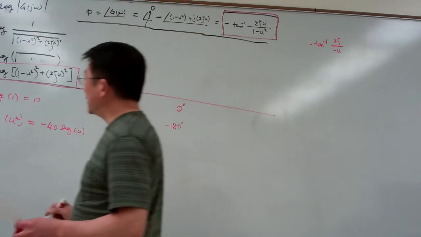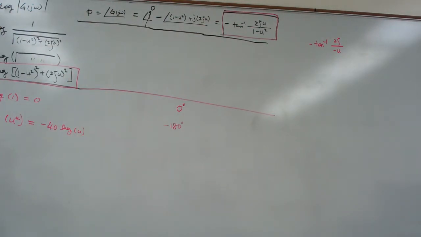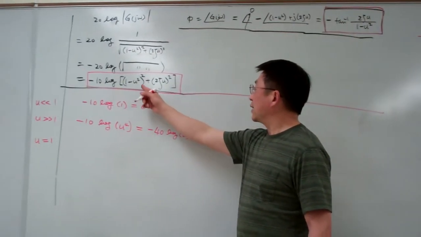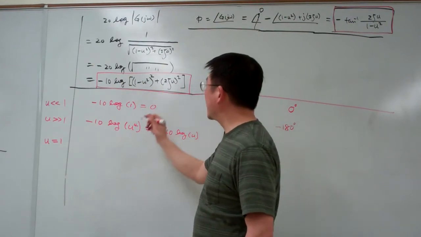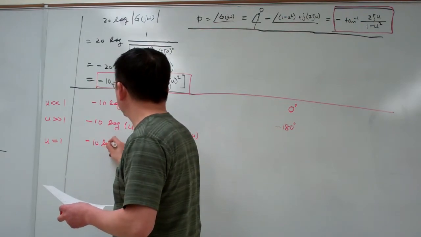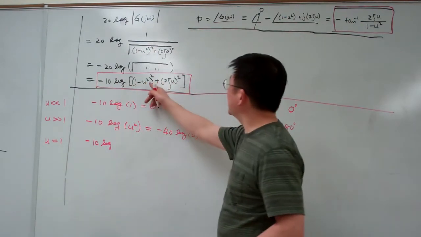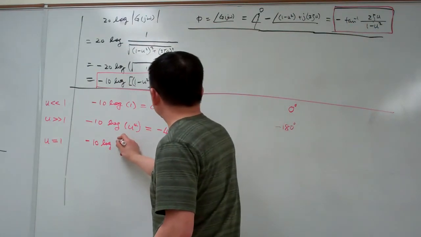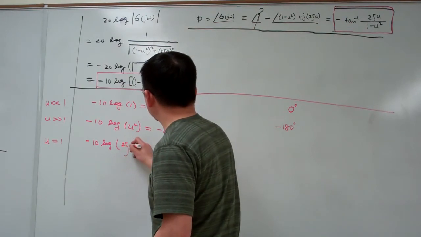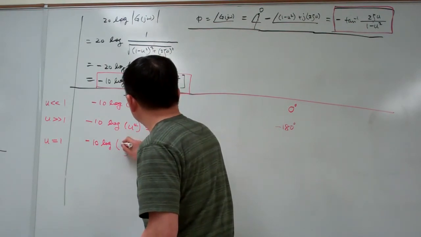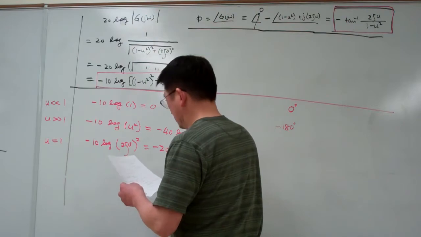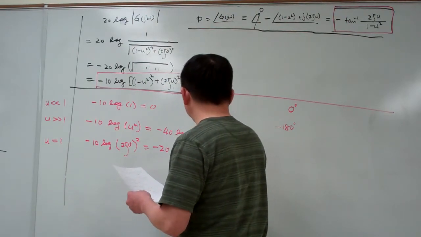And then we look at the in between. For example, u equal to 1. We see that u equal to 1 is a very special condition. For this case, we plug in u equal to 1 here, so that one is minus 10 log, and plugging in here, 2 zeta u squared, that is minus 20 log 2 zeta.